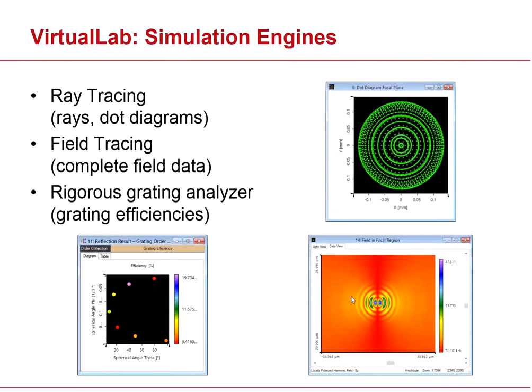And here's an example, the Y component of the electric field in a focal region. So this is very nice. You can cover many effects such as polarization, diffraction, and also coherence effects. Partially coherent light sources can be considered.